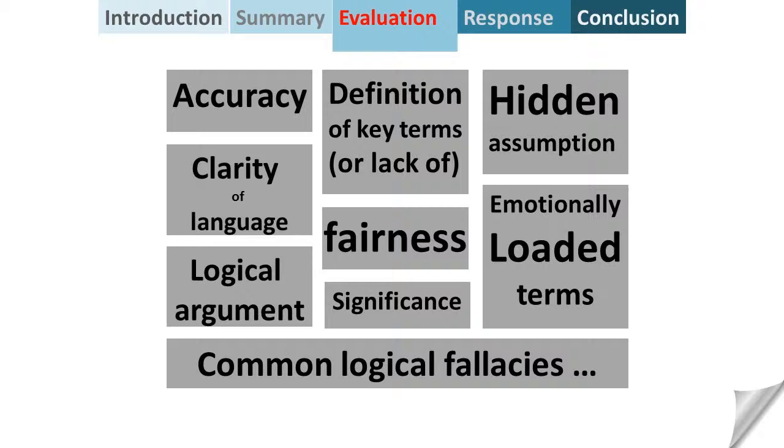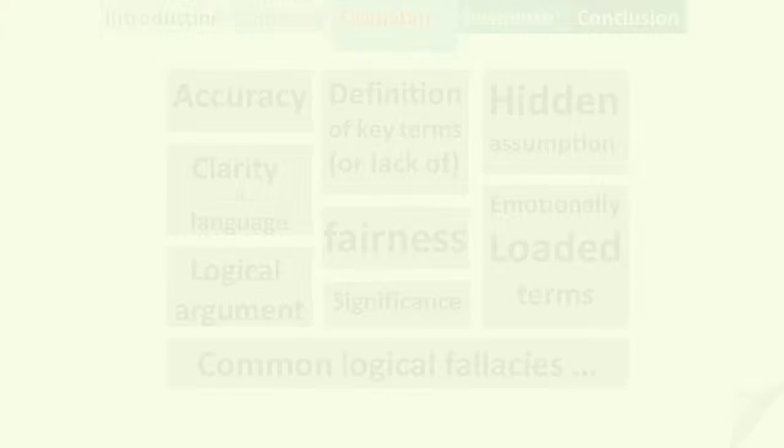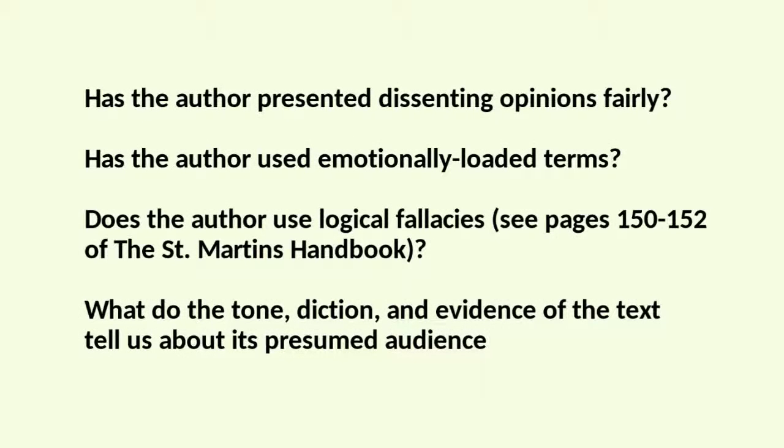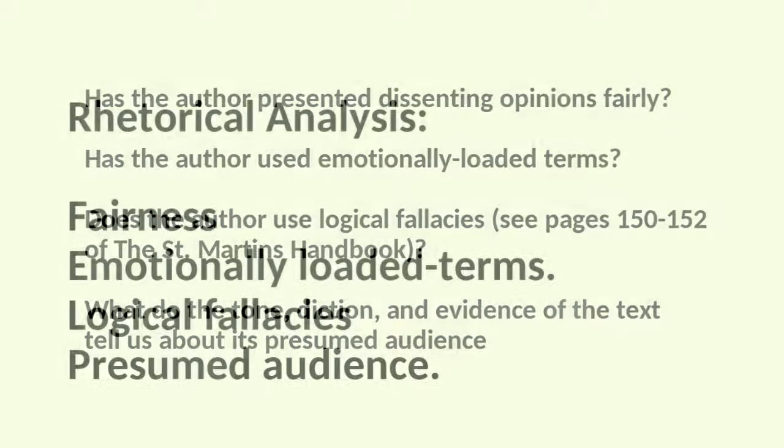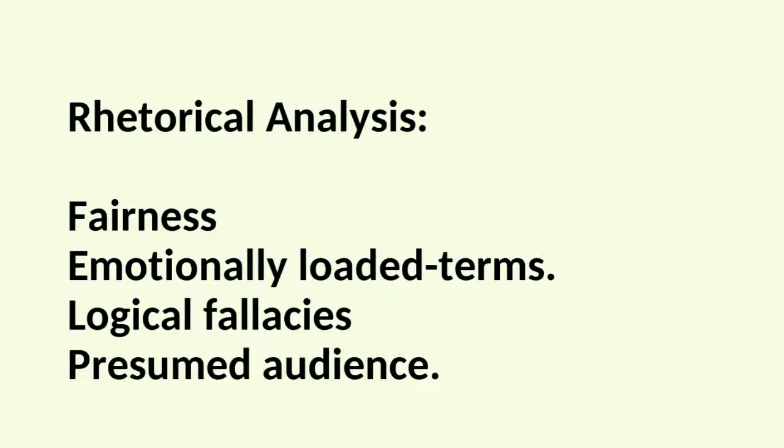Alright, follow the suggested questions in the assignment sheet. These questions include the fairness of the argumentation, whether or not the author uses any emotionally loaded terms, whether or not the author uses logical fallacy, or you can also ask questions about who the presumed audience of this essay is, based on the tone, diction, evidence, etc. Of course, the space for this essay is not as big as other essays, so you need to use only 3 or 4 elements discussed in the paragraphs.